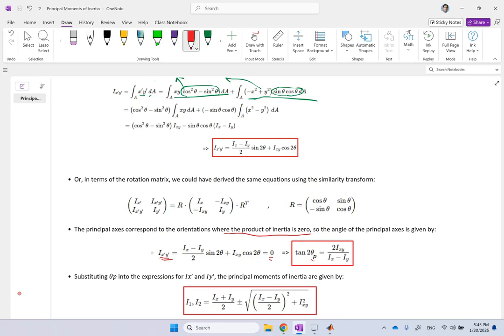Theta p, the angle for the principal plane with respect to the x-axis, is given by tangent of 2 theta p equals 2 Ixy divided by Ix minus Iy. That is the angle using which you can have the maximum for one and the minimum for the other one.